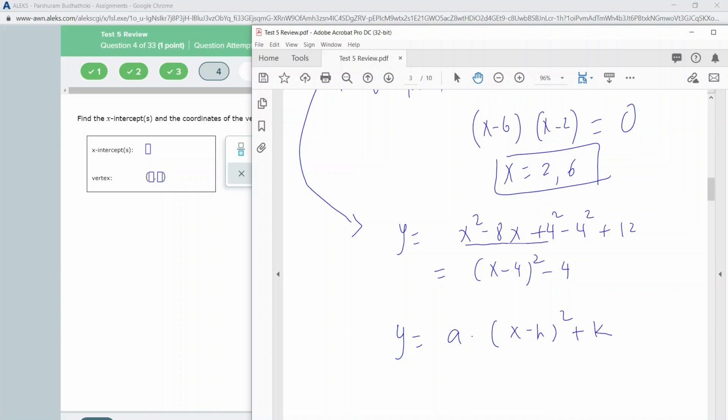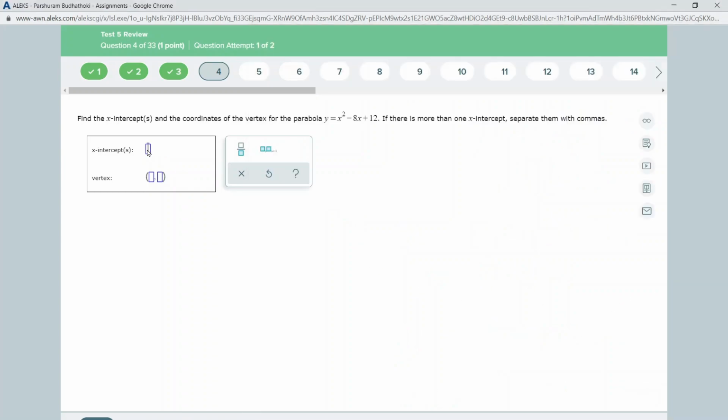If we compare with this one, you just have to compare the number after x and make sure there is the negative sign. If it's positive, then you have to make it negative. By comparing these two equations, you can find the values of h and k, which is 4 comma negative 4. So the x-intercepts are 2 and 6, and the vertex is 4 comma negative 4.